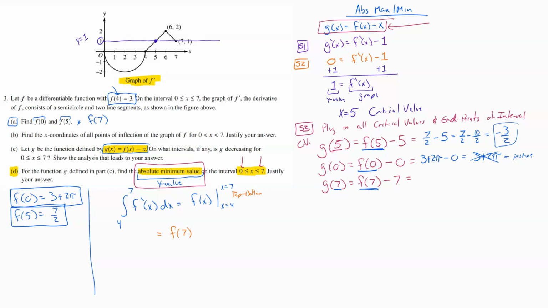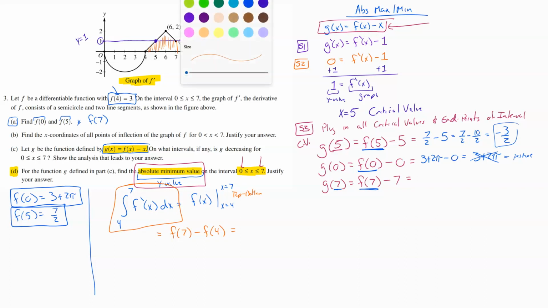So f of 7 minus f of 4, well, that has to equal the area between the curve and the x-axis between 4 and 7. That's what an integral means, right? And so now we would have come back through and said, well, how do I calculate that out? That is going to be using your geometry shapes.